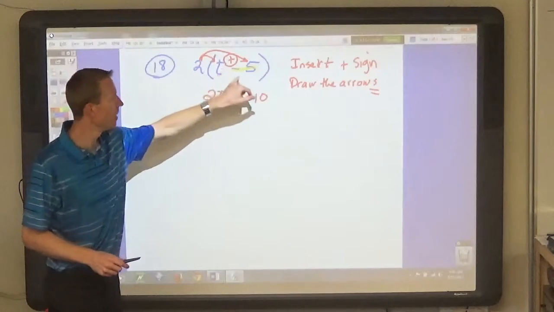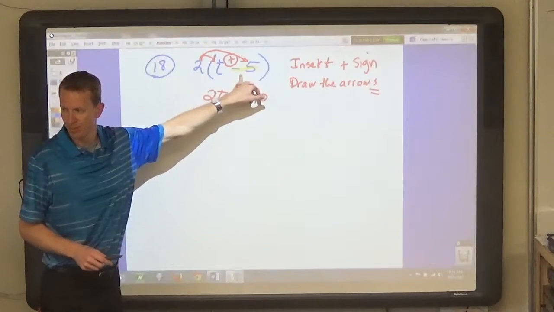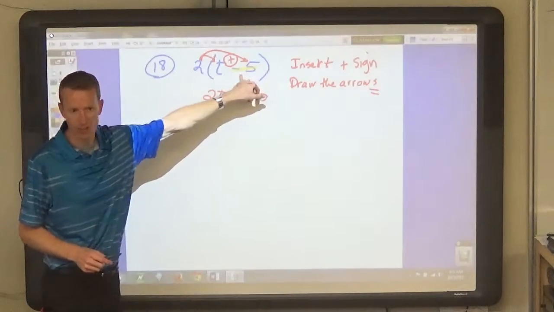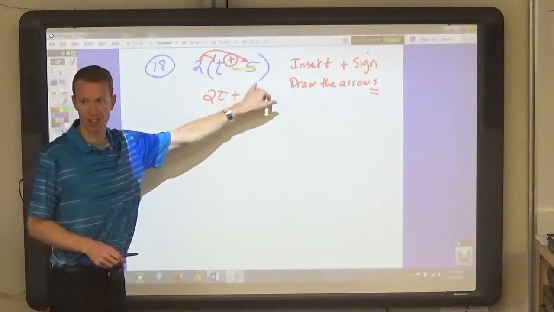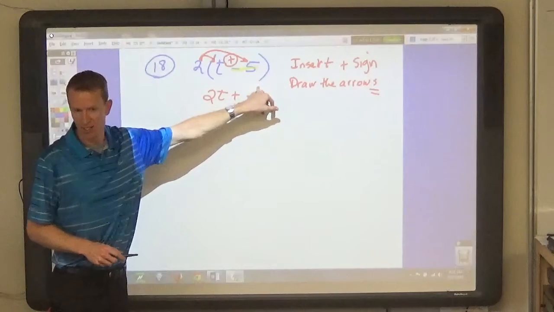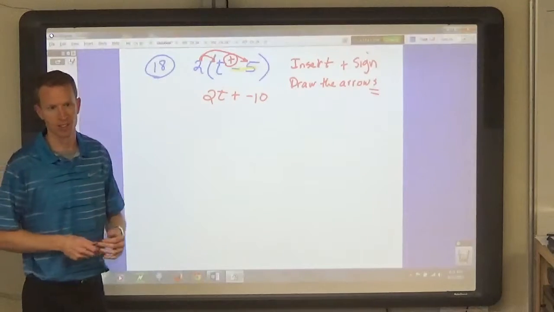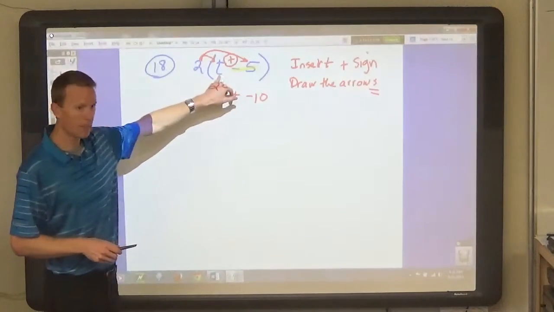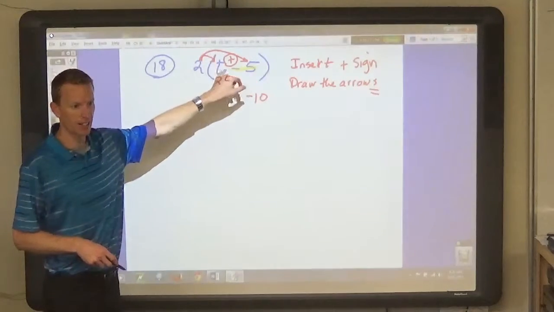This is a t and this is a negative 5. You can't add 1 cup of tea and negative $5. They're different. You could add a cup of tea and 5 cups of tea, but you can't add things that are different.